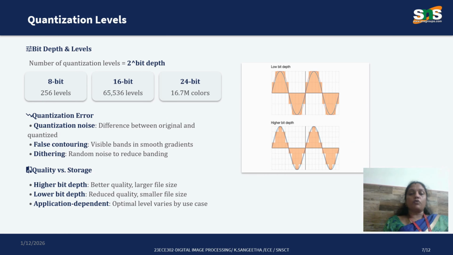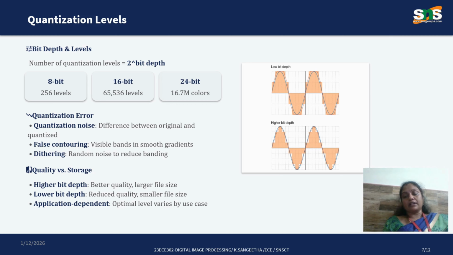And this is the quantization. The number of quantization levels is determined by 2 to the power of the bit depth. If it is 8 bit, there are 256 levels of pixels, and if it is 16 bit, there are 65,536 levels. If it is a 24 bit image, it is 16.7 million colors.